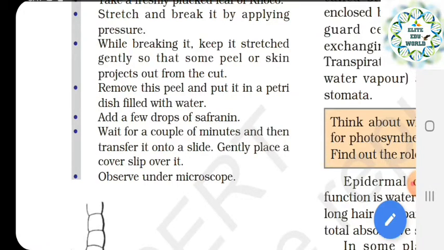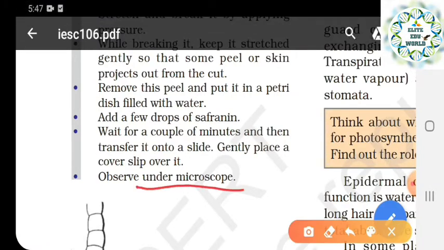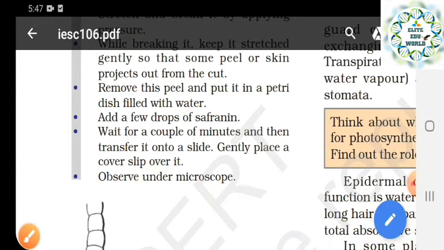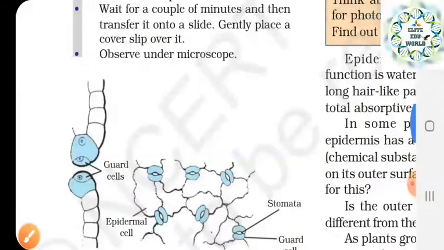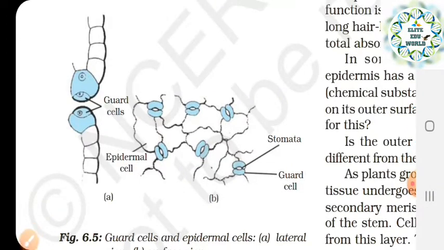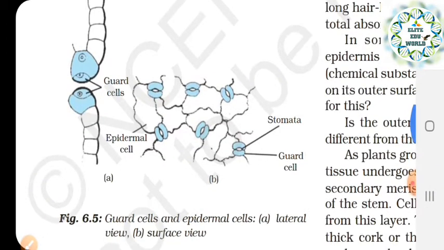So when you are observing under the microscope, what you will see are very small cells, or cell arrangements. There are two images in the figure. Number one, in A, is a lateral view of guard cell and epidermal cell. So we are going to see two kinds of cells, one is guard cell and one is epidermal cell.